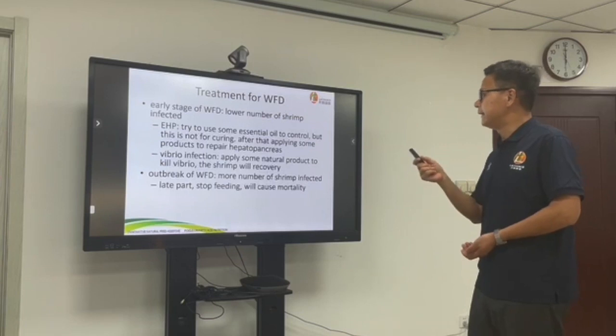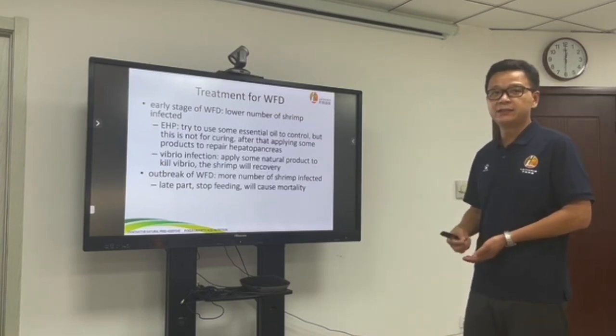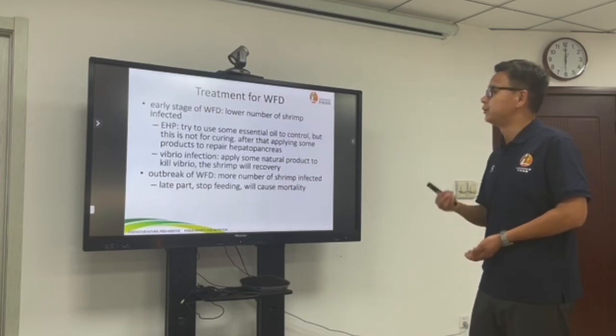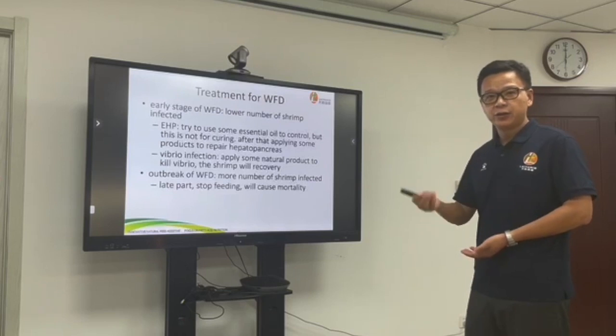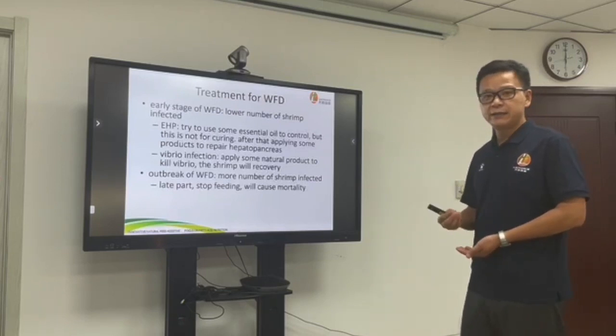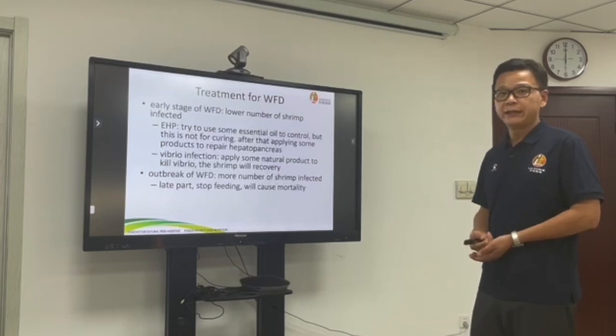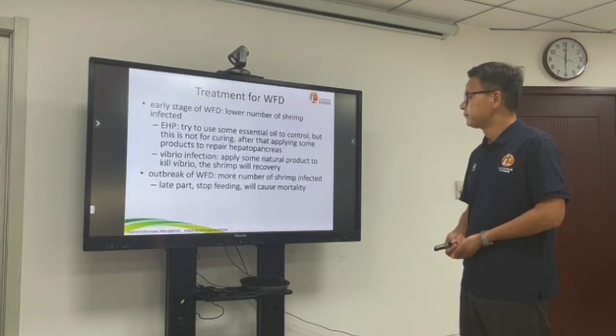If it is EHP, you had better add some essential oil to control the number of EHP. As we all know, EHP lives inside the cell, so it's very difficult to kill. We can only control it, not kill it.